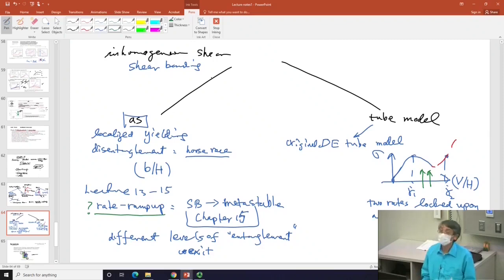So that's a pretty strong contrast about the nature of the shear banding.